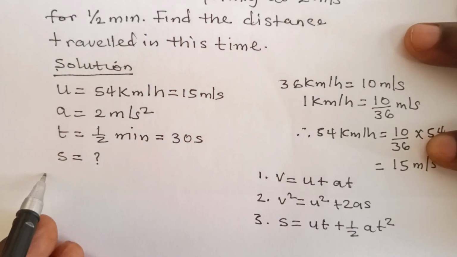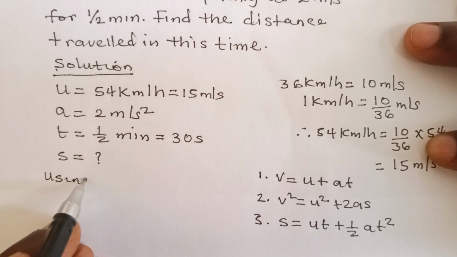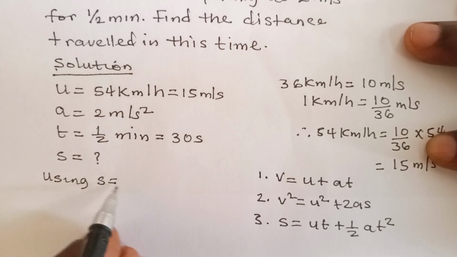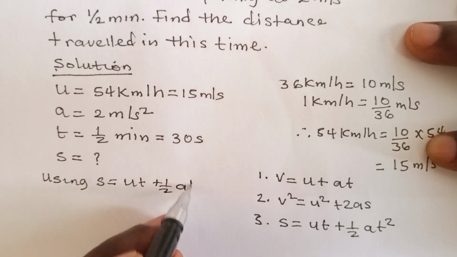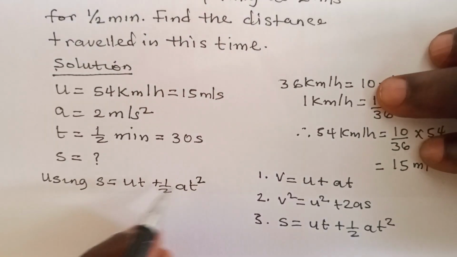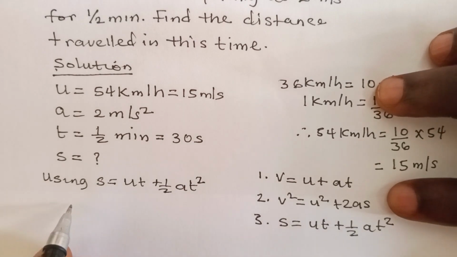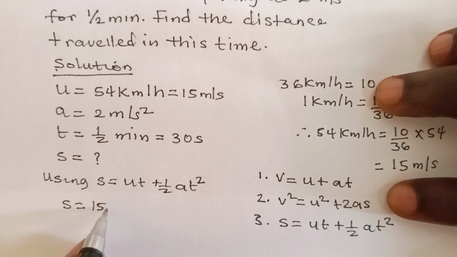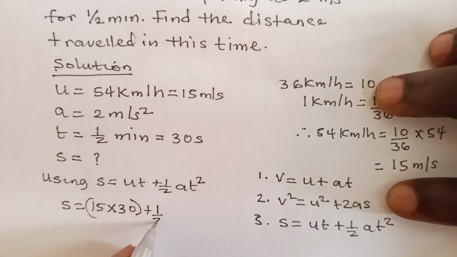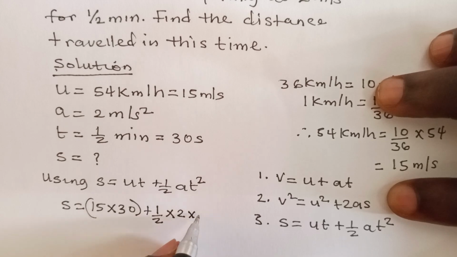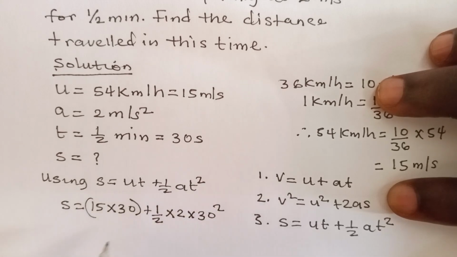So using s equals ut plus half at squared, I now have that my s is u, which is 15, multiplied by t, 30, then plus half times a, 2, then times t squared, that's 30 squared.